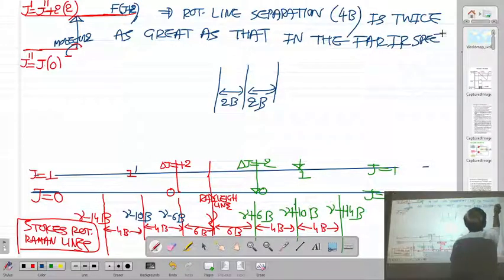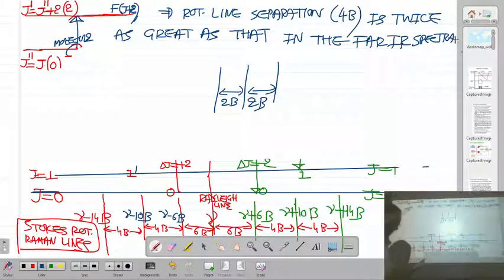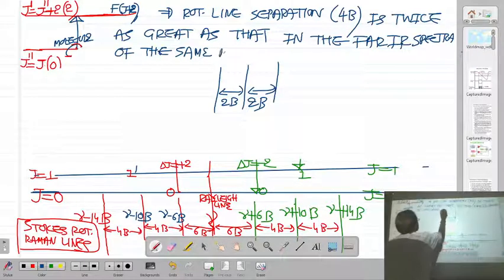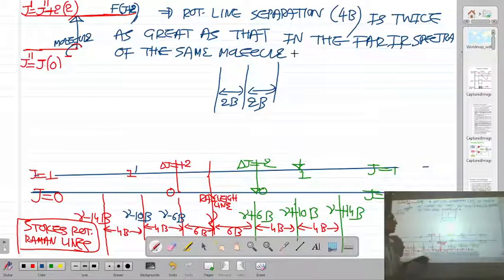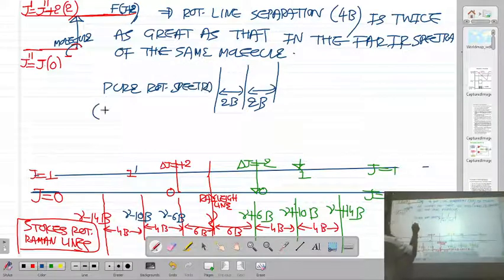Far infrared spectra of the same molecule. The molecule is the same. Study the pure rotational spectra, which falls in the far infrared region.